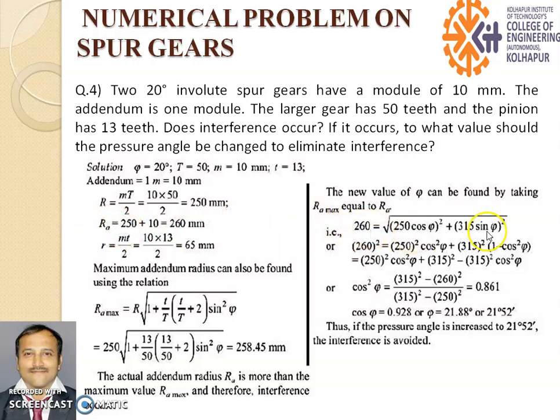On the right hand side, we keep phi as it is, because we have to find the pressure angle. At the end, after calculating, phi angle is equal to 21.88. This is greater than the previous phi angle of 20 degree given in the numerical. Thus, if we want to avoid the interference, we can increase the pressure angle from 20 degree to 21.52 degree.